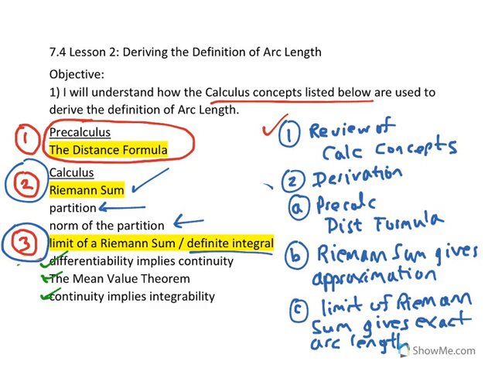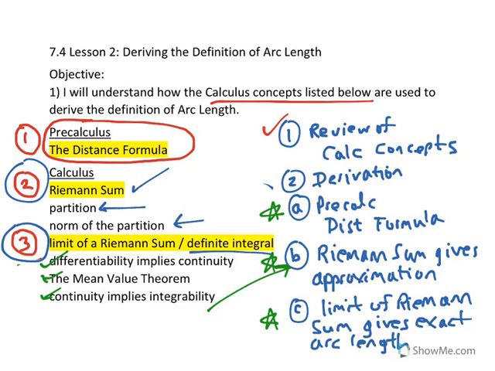For the derivation that we're about to go over, these are the three main things that you need to be aware of. We begin with our precalculus distance formula, and then we apply that distance formula to find the lengths of several line segments. And when we add the lengths of those several line segments together, we would get a Riemann sum, and that sum will give us an approximation for the length of the arc.